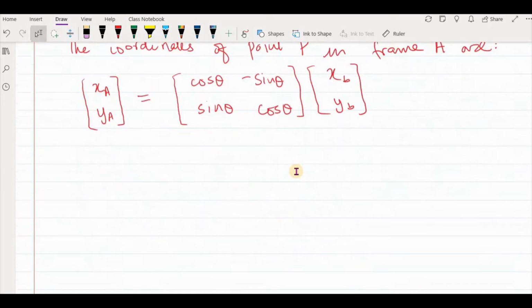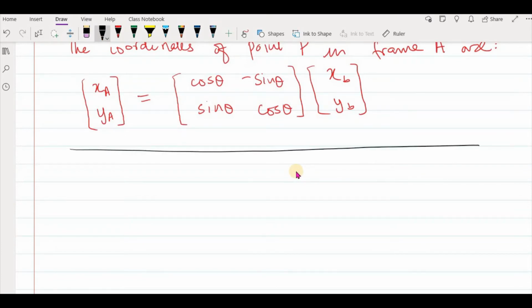So let's see with an example. Let's say the point P has coordinates equal to root 3 by 2 and 1 by 2.